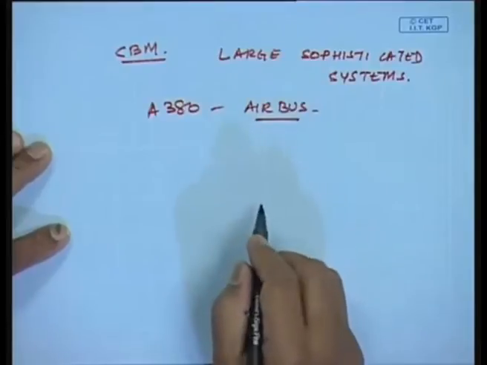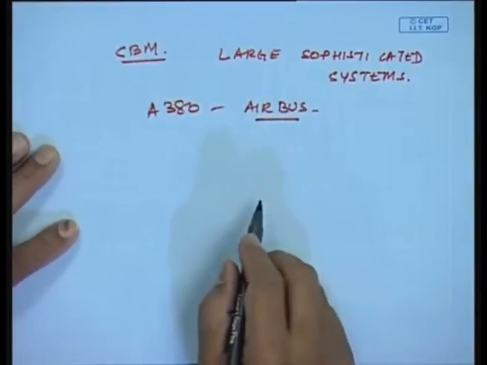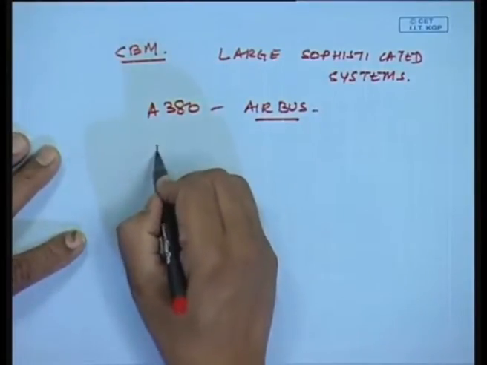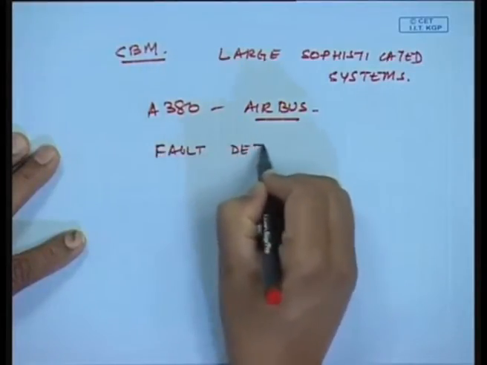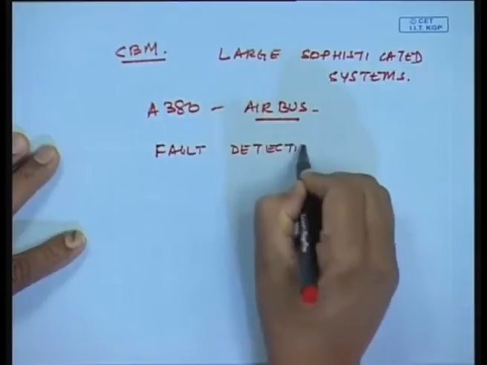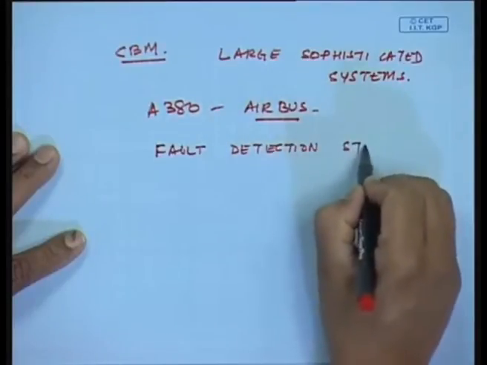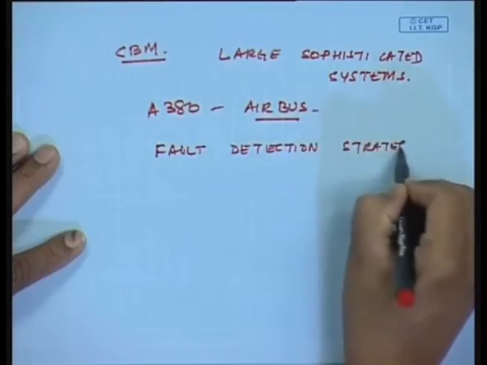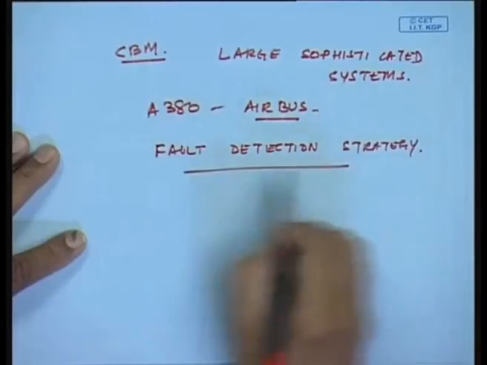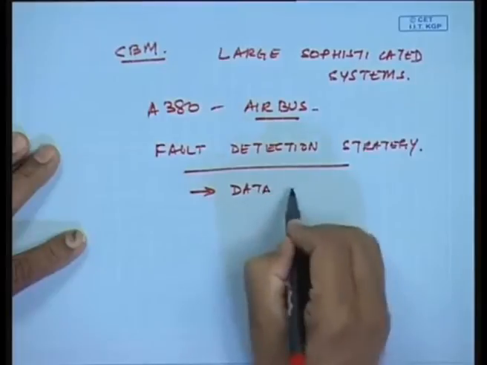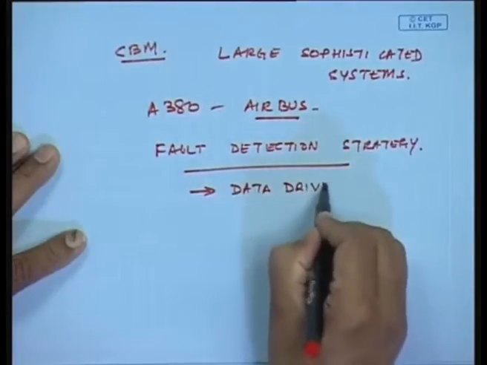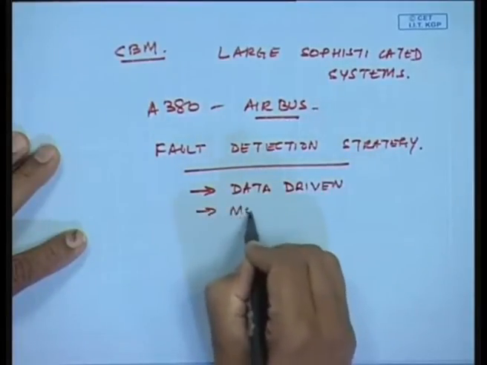There are many systems. It's a very complex system. And what kind of fault detection strategy is to be used? So this could be a combination of data driven and also model based.